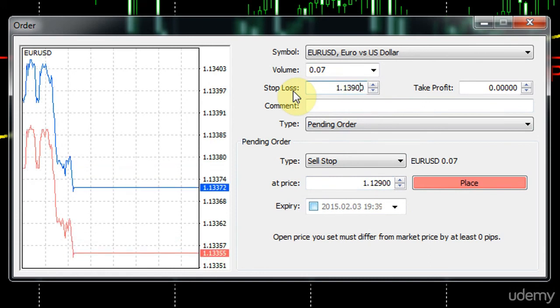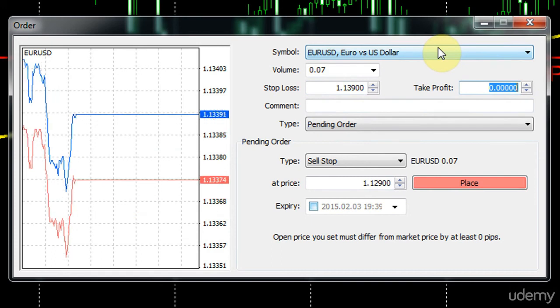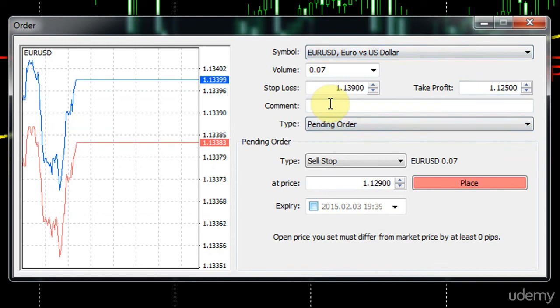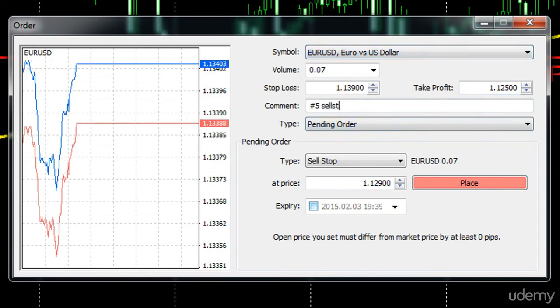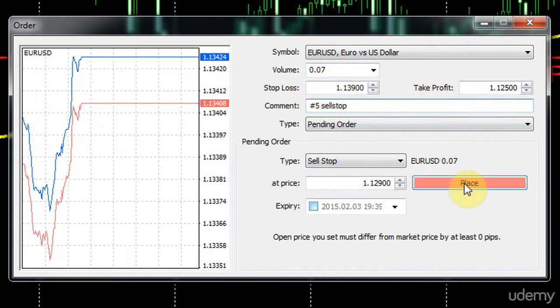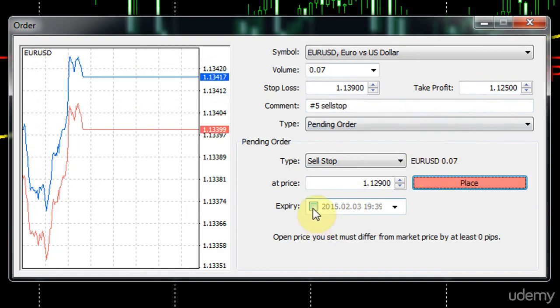The take profit, I've got it written down here, so it's going to be 1.1250. And comment order number 5, sell stop. Just check everything very quickly. Looks good.